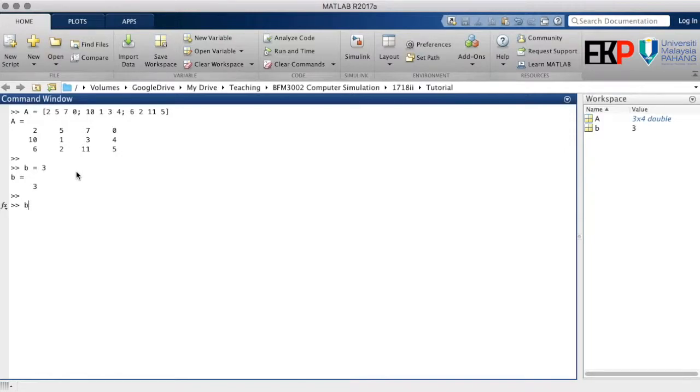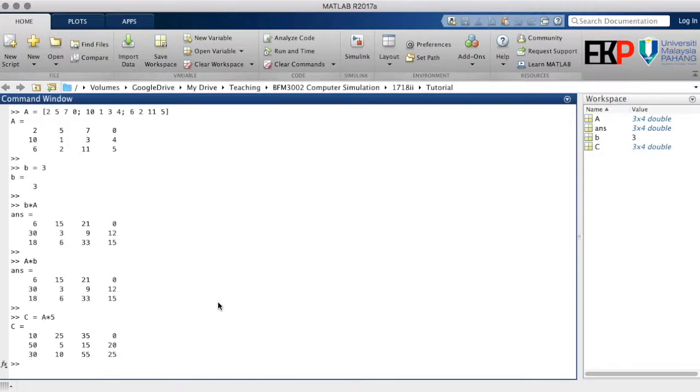So if we do B times A, we will see that all elements in A will be multiplied with 3 because 3 is a scalar. We can do the same with A times B, which will also result in the same answer. Or we can also do, let's say, C is now equal to A times 5. And of course, every element in matrix A will be multiplied with 5.